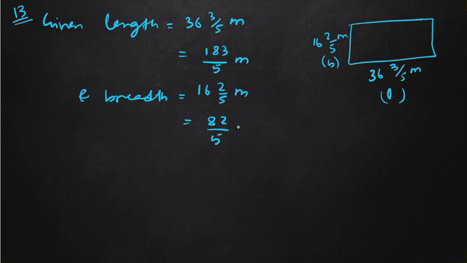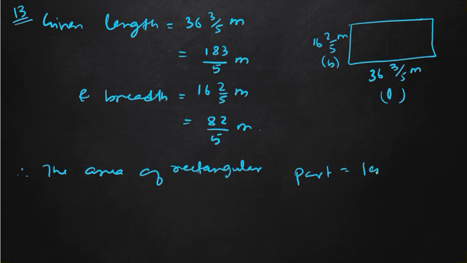Therefore the area of the rectangular park is length into breadth, so 183 by 5 into 82 by 5.